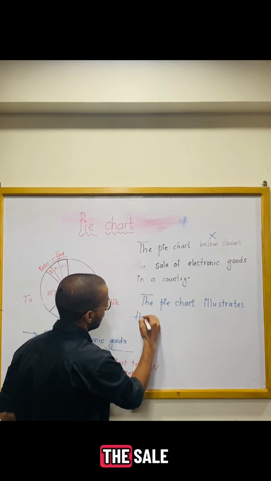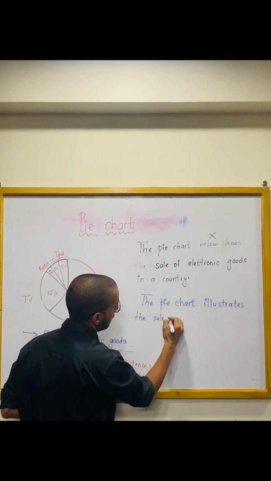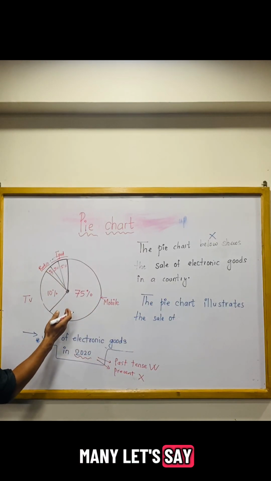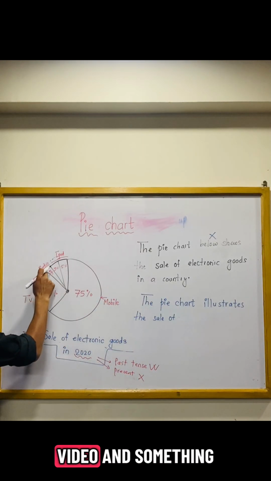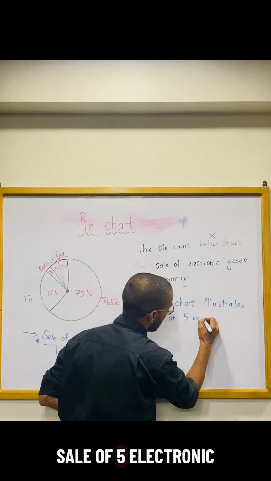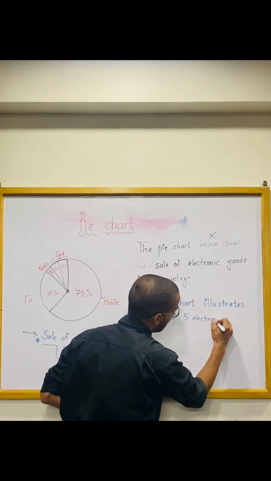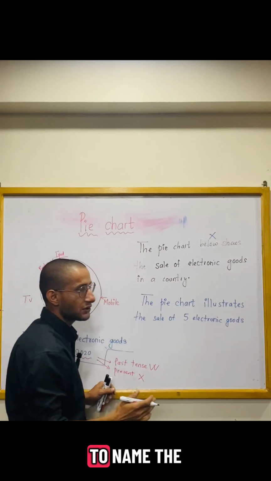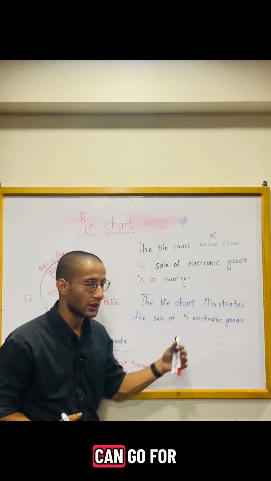the sale of how many, let's say mobile, TV, radios and something. Sale of 5 electronic goods. If you want to name the electronic goods, you can go for it.